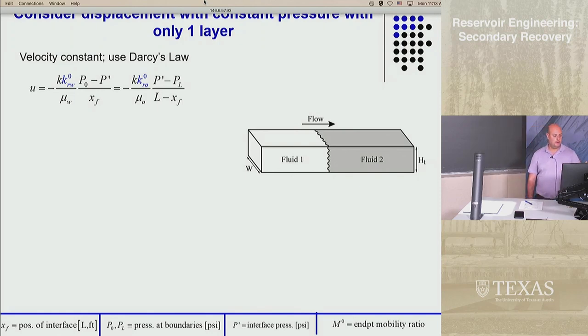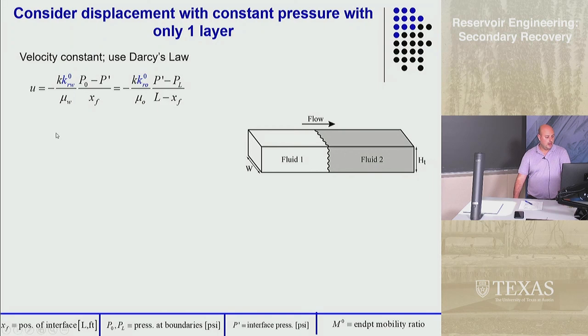But that's Darcy's law. And I told you the velocity is the same everywhere. So it's the same in fluid 1 and in fluid 2. In fluid 1, we've got water, so we'll use the water viscosity and the water relative permeability, and the pressure drop is the pressure at the injection well, P naught, minus the pressure of the interface, divided by the distance from the injector well to the interface, which is XF.